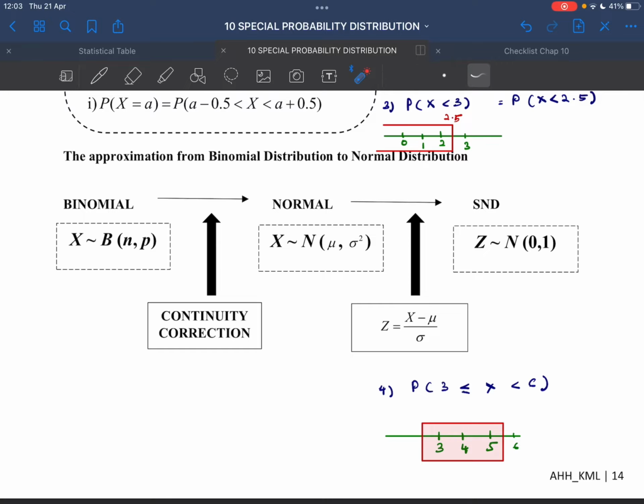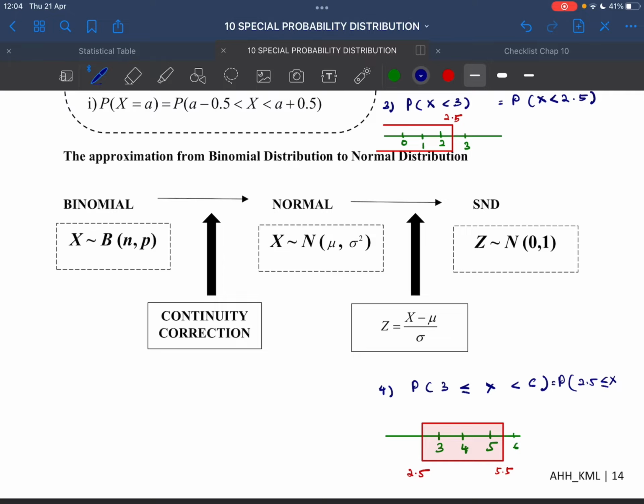Okay, so the box line is before 3, so that will be 2.5. You have to minus by 0.5. And this line is after 5, so you have to plus by 0.5. This will be 5.5. Okay, so after continuity correction, this will be P(2.5 < X < 5.5).